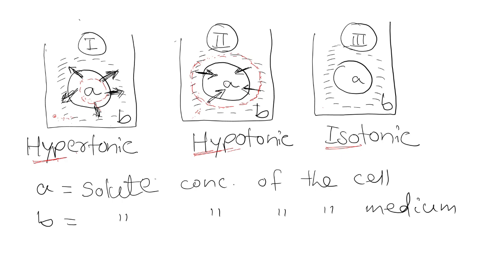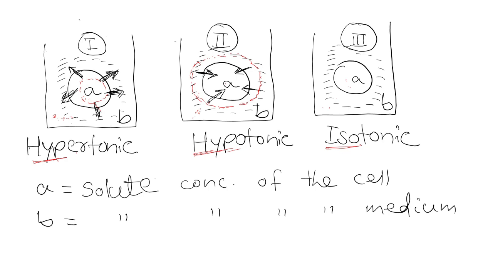Now let's come to the isotonic medium. Here the solute concentration outside of the cell and the solute concentration inside of the cell is the same. It means the solvent concentration is also the same. So there is no difference between the concentrations. That's why there is no movement of water, or there is no movement of solvent.